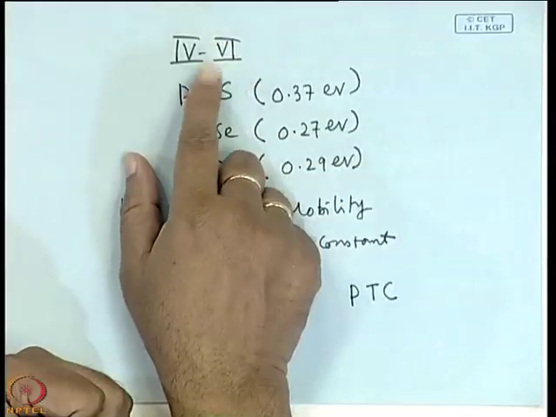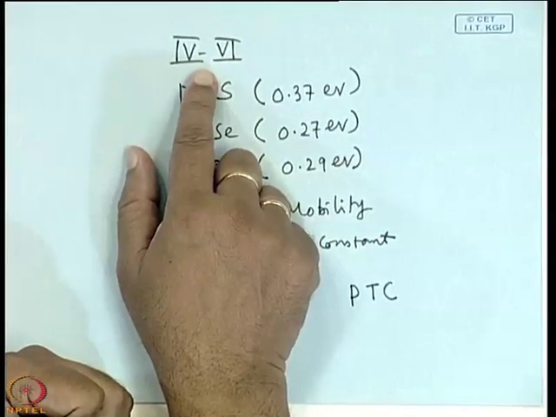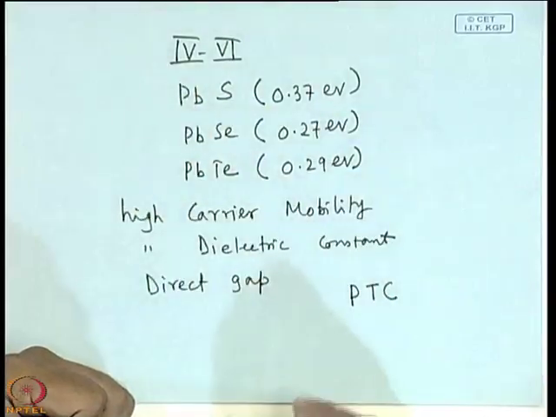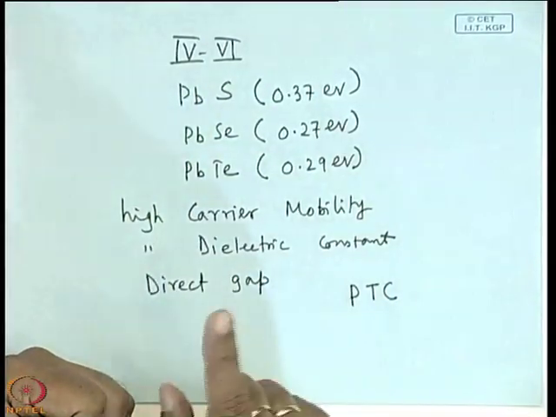That means generally a negative temperature coefficient is there, except in these lead materials, that means 4,6 compounds. In these 4,6 compounds, if you increase the temperature, the band gap increases. That is the unique feature of these compounds. In other materials, you will not find this. Exactly the opposite happens.